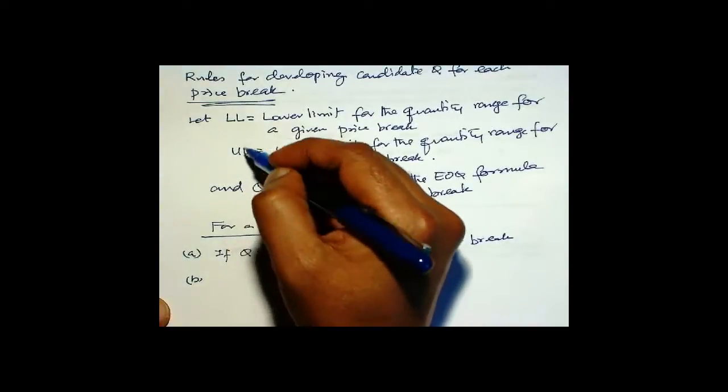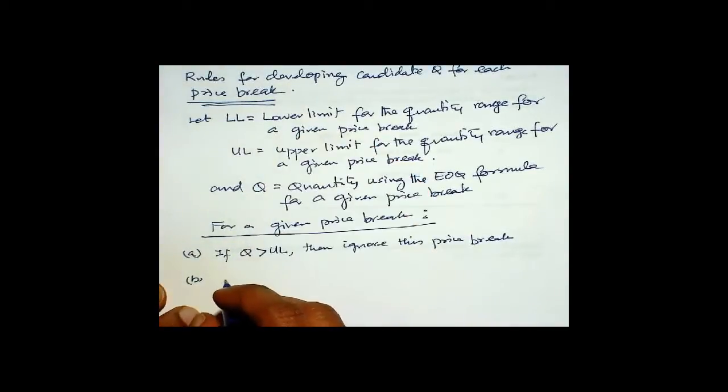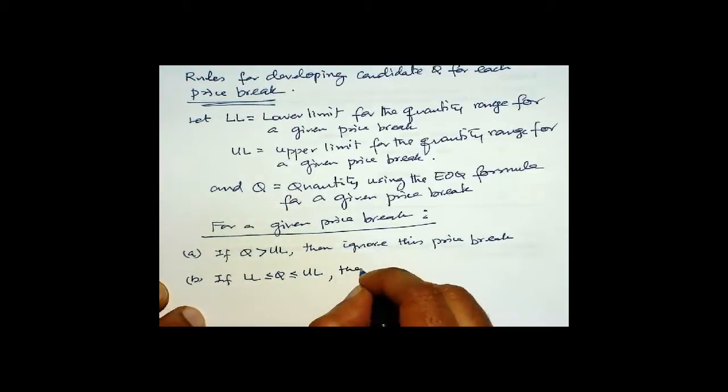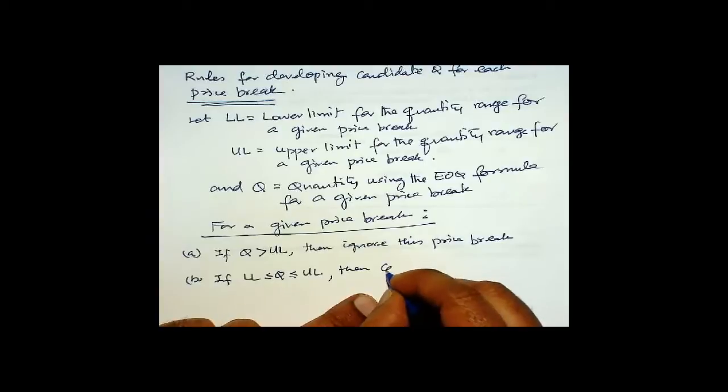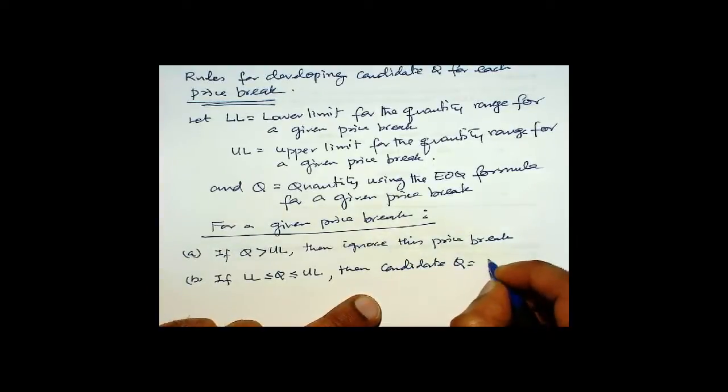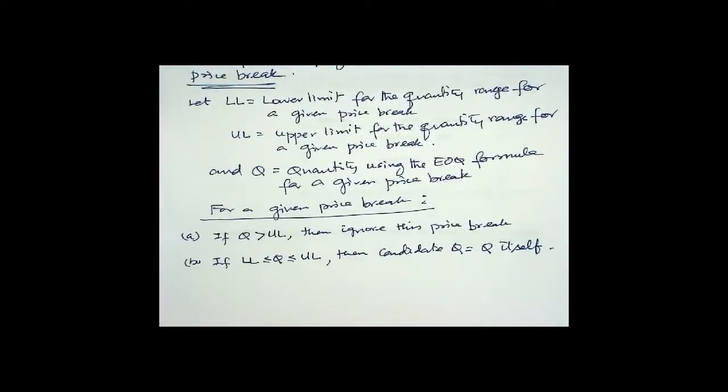If it is in between the lower limit and the upper limit, so that means this quantity is valid for the range, then candidate Q is Q itself. There is no change. You keep that Q as is.